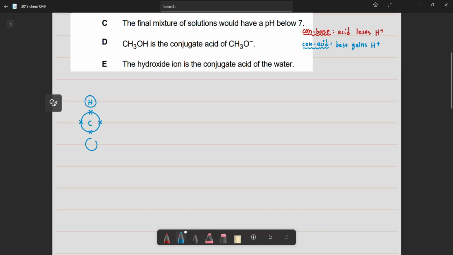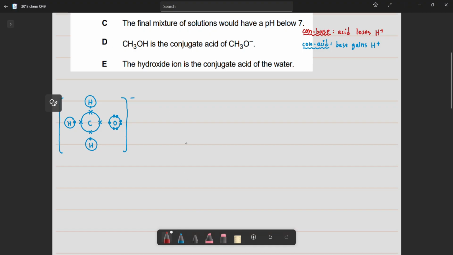I'll draw dots for the hydrogens and also for the oxygen, with the bonding over here. This is the methoxide ion, a polyatomic ion with an overall charge of -1.